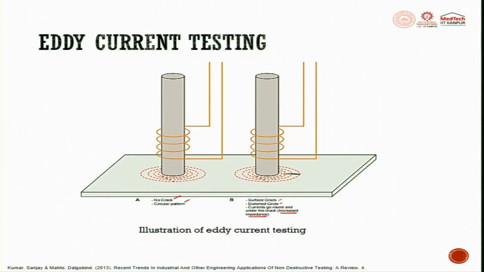Eddy current testing uses the flux field. This is the flux field, and any change in the flux field is recorded in terms of impedance change. The flow pattern of the secondary current here is actually the eddy current. Eddy current in itself means the secondary current.